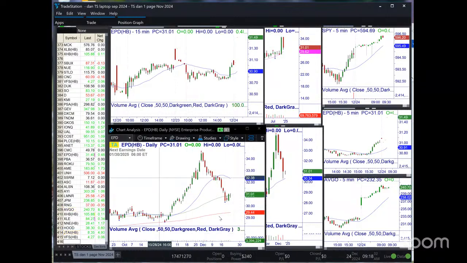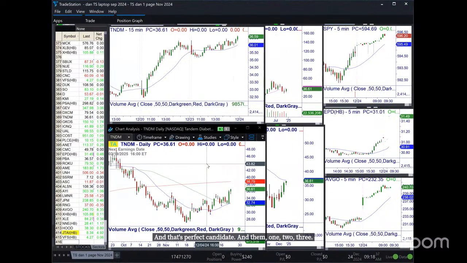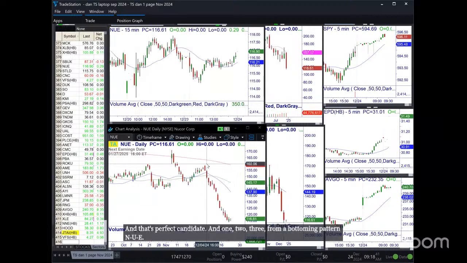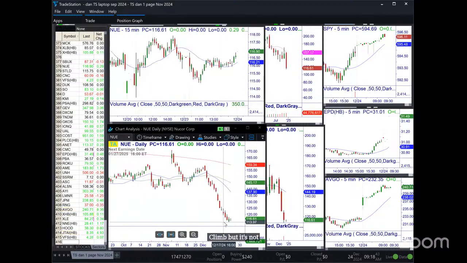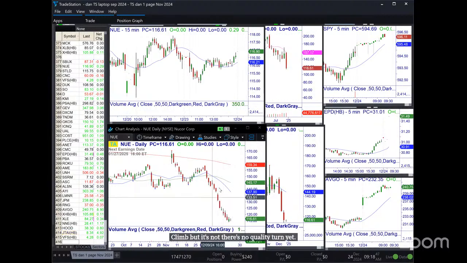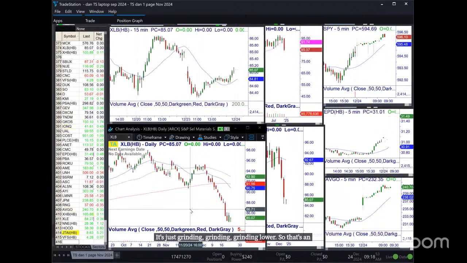Tandem, 1, 2, 3 from a bottoming pattern. NUE, Climo, but there's no quality turn yet. It's just grinding lower. So that's an XLB. I like XLB over Friday's high.